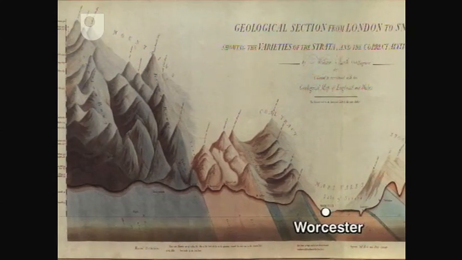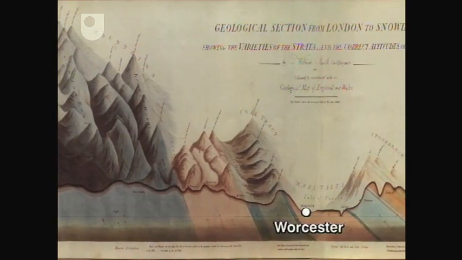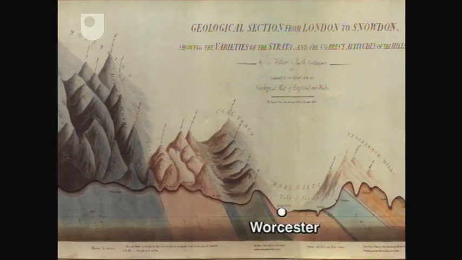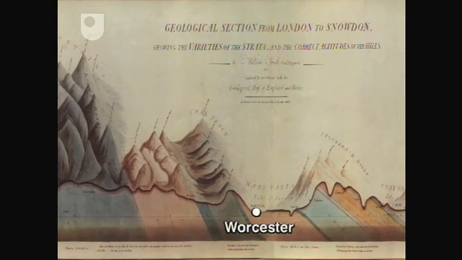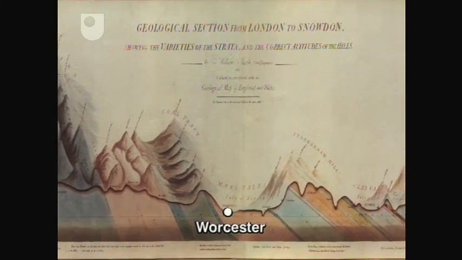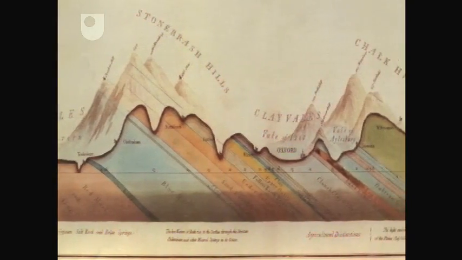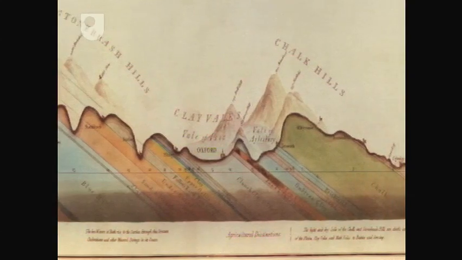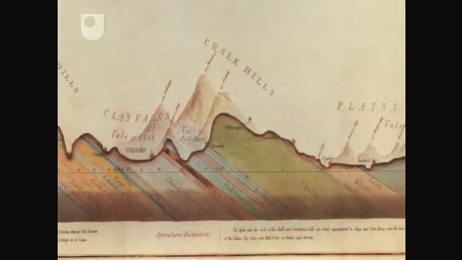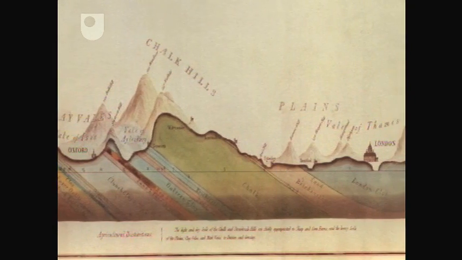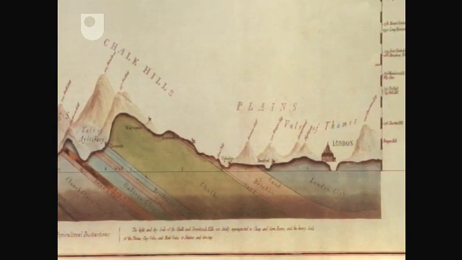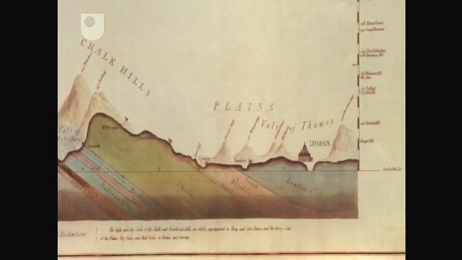To the northwest of Worcester, the simple southeastward inclination or dip of the strata that Smith shows is a gross oversimplification of what we know about the geology today. But to the southeast of the town, the section is remarkably accurate. It shows the English scarplands. Smith described these as being like slices of bread and butter arranged on a plate.